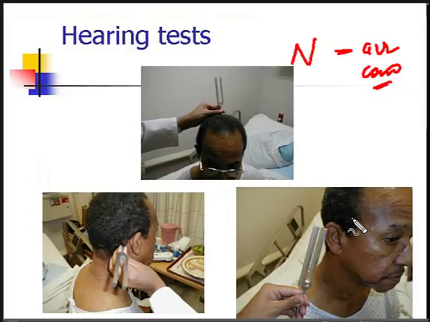Now let's say a person has unilateral conductive deafness, so let's say this side was where there was a problem, and obviously it's a conductive deafness, which means there was a blockage in the external auditory canal or in the middle ear cavity. Now you put this tuning fork on the mastoid process.